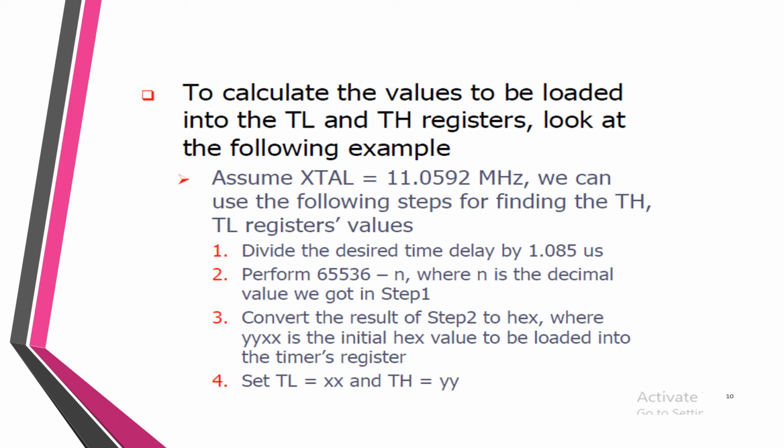Then convert the result of step 2 to hexadecimal. That number will be YYXX, which is the initial value to be loaded into the timer registers, that is XX in TL and YY in TH. This is how it is to be done.